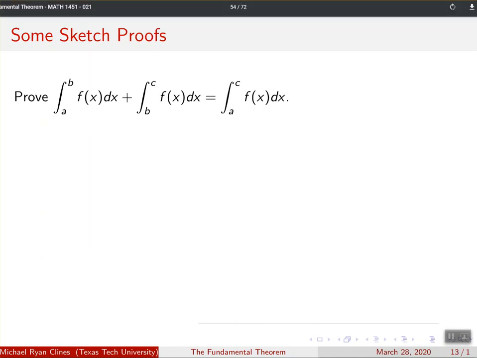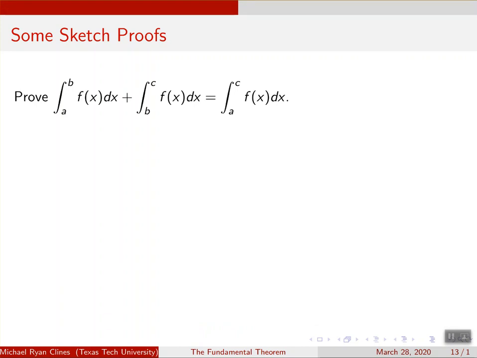First up, let's prove this one. The integral from a to b of f of x dx plus the integral from b to c of f of x dx is equal to the integral from a to c of f of x dx. For all of these, we are simply going to invoke the fundamental theorem of calculus, do some manipulation, and get our result. So let's do this proof.